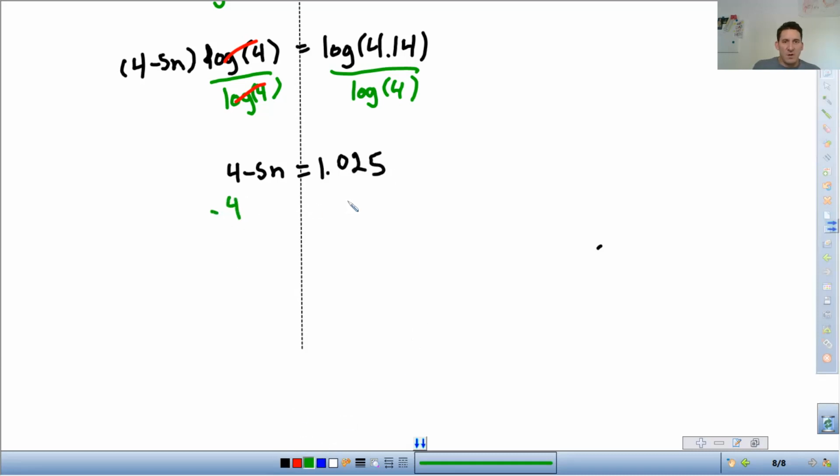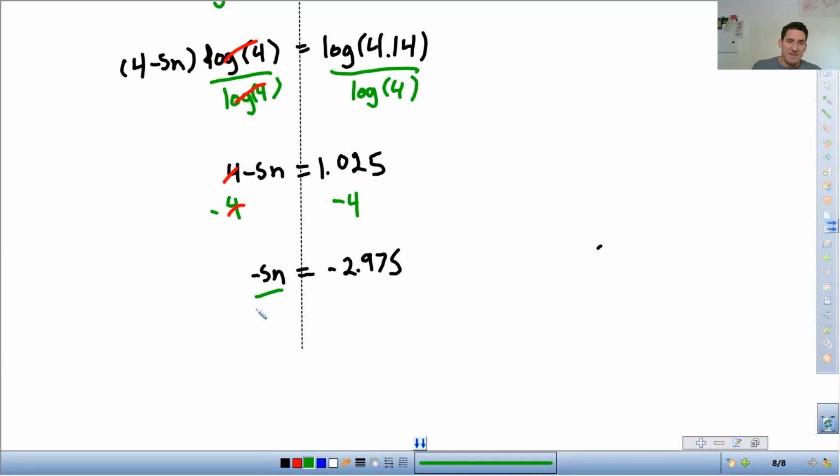Subtract 4 from both sides to eliminate that 4. Keep in mind that minus stays with the 5. So that's negative 5n is equal to 1.025 minus 4. You get negative 2.975, excuse me.